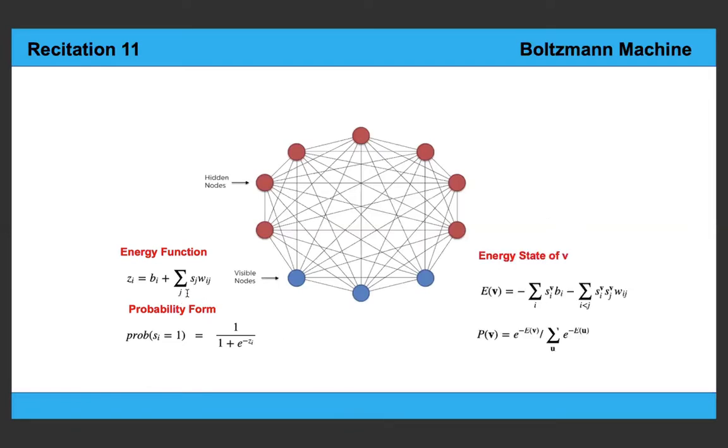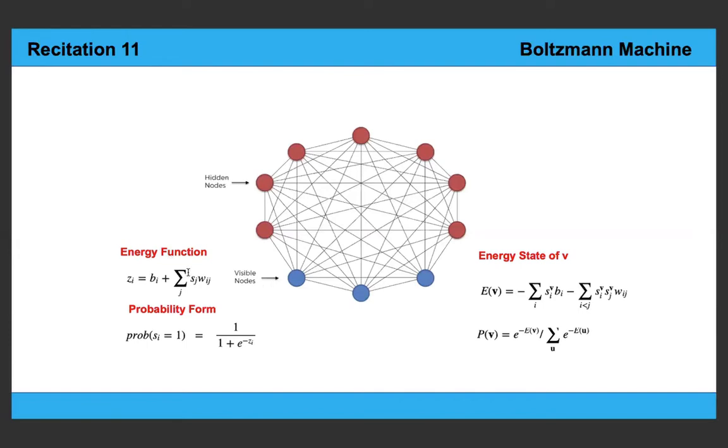When a Boltzmann machine node i is given the opportunity to update its binary state, note that each node has two binary states, 0 or 1, the same as in the Hopfield network.